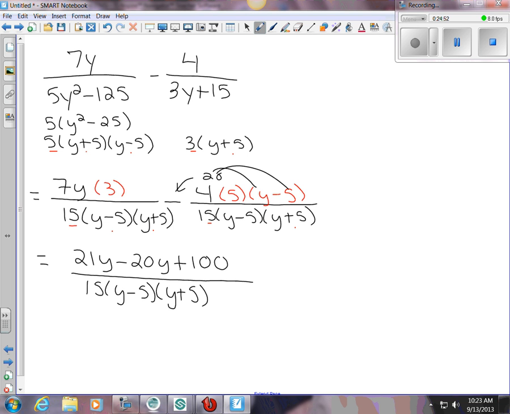Distribute, 5 times 20. Last step, 5 times 4. Yep, y plus 100 over 15 times y minus 5, y plus 5. And that's it.